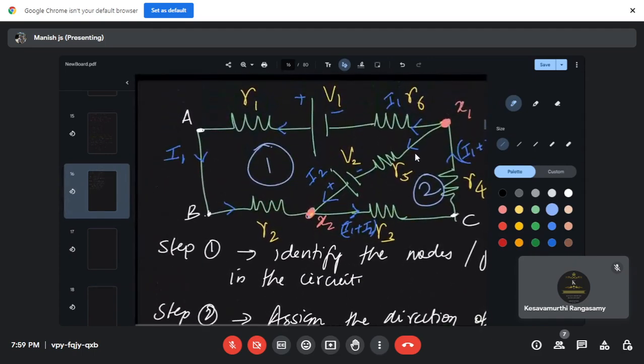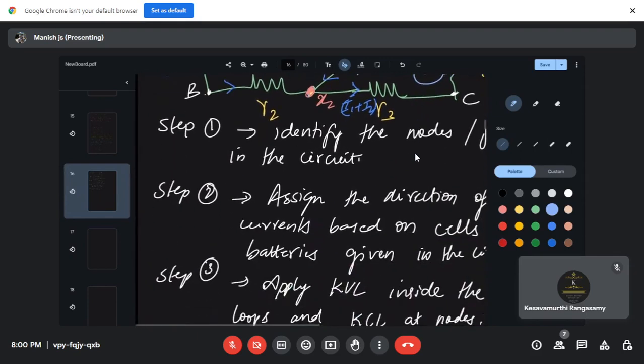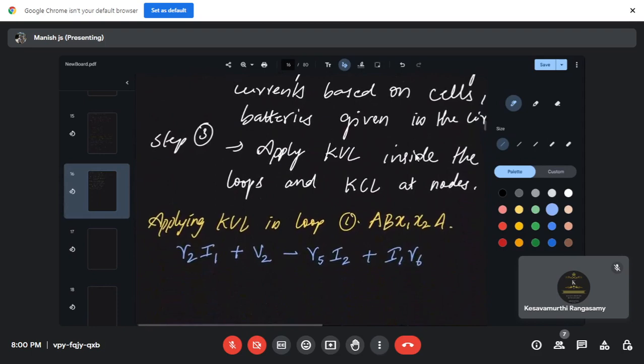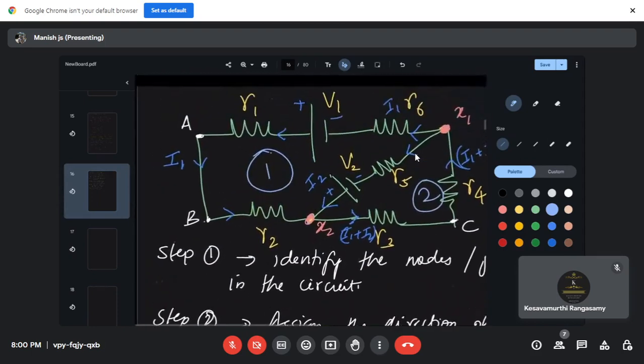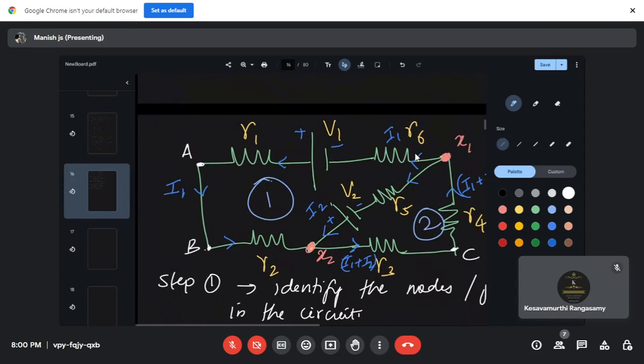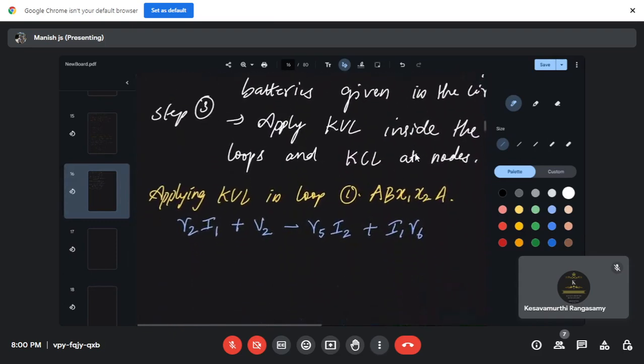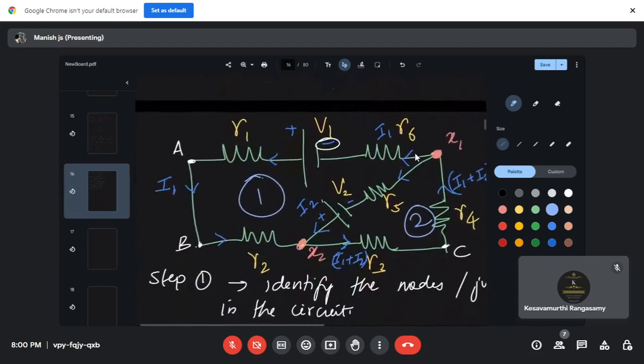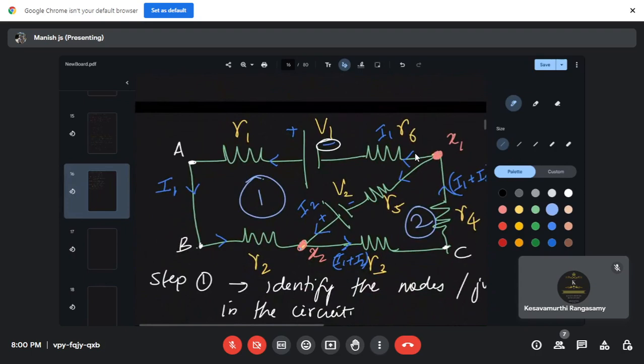Then next you are touching a cell. How are you going to write the expression? Minus V1, because we are writing the potential, and we are touching the negative terminal as we move. Then for R1, how will you write?